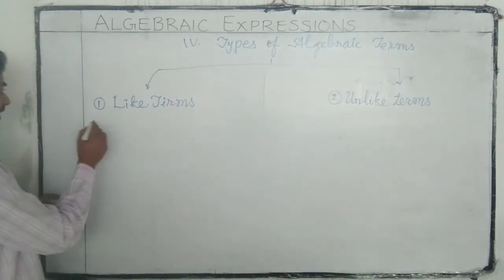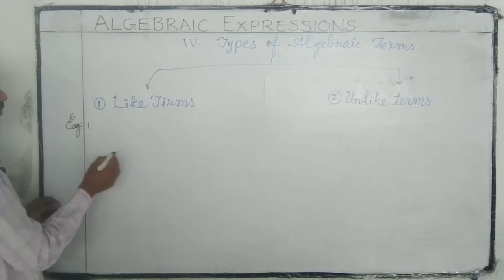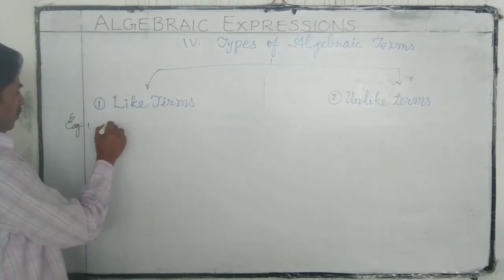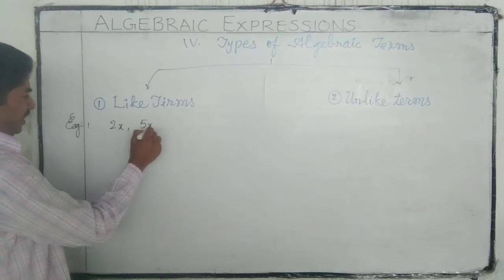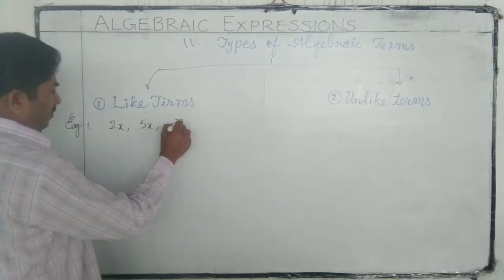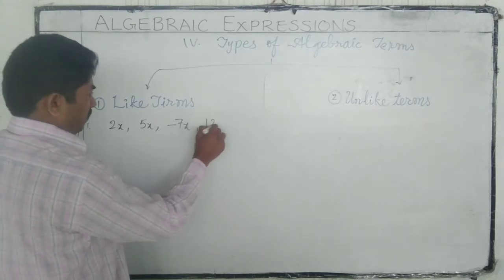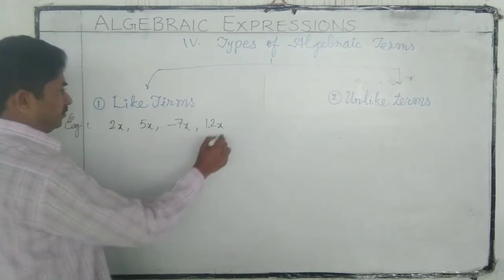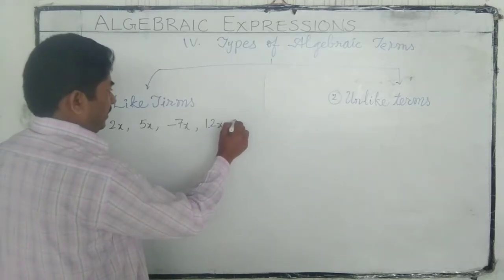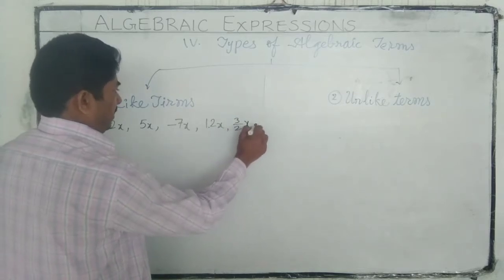Let us observe examples. 2x, 5x, minus 7x, 1.2x, 3 by 2 x, etc.